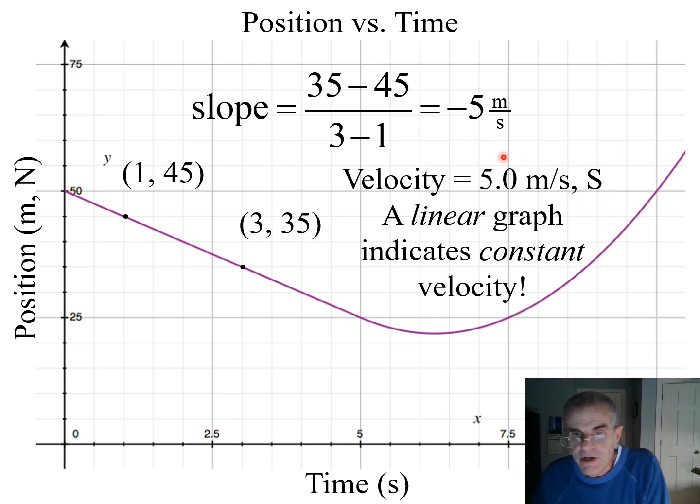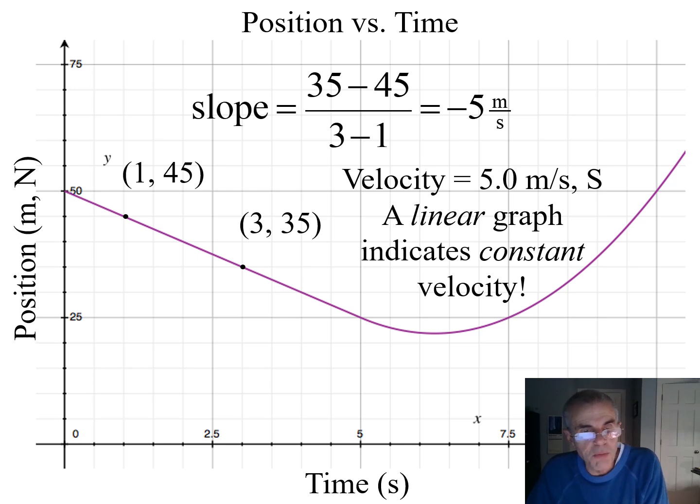Now for my answer here, notice I did not say negative 5, I said positive 5. Normally we give a vector quantity with a positive magnitude and then some indicator of direction. So the negative sign basically turns into a direction. And then we have something similar to what we said previously. If I have a linear graph, there's only one slope.